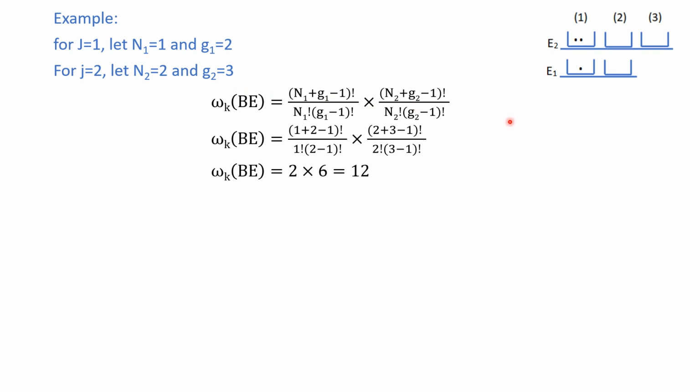So the thermodynamic probability of this macrostate will be the product of the thermodynamic probability of level 1 multiplied by the thermodynamic probability of level 2. If we simplify this, it gives rise to 12.